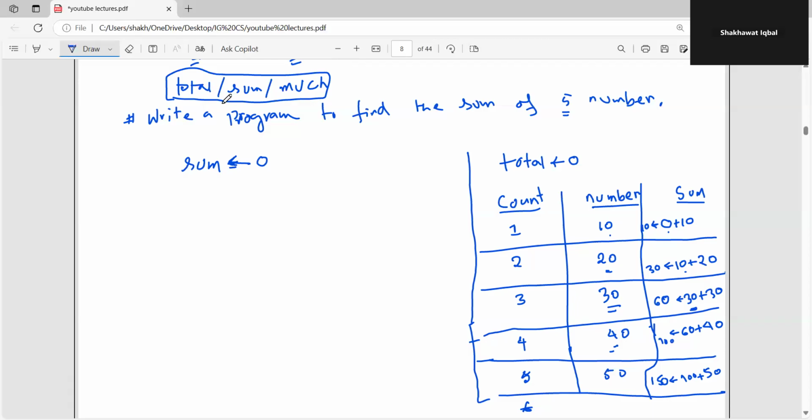Hope you understand so far. So let's start this job now. You understand the concept, how totaling works in real life. So we will convert this simulation into programming statements. Here we're going to do a for loop: count will start from 1 and it will go to 5. What is the thing that I am doing repeatedly? I am inputting the number.